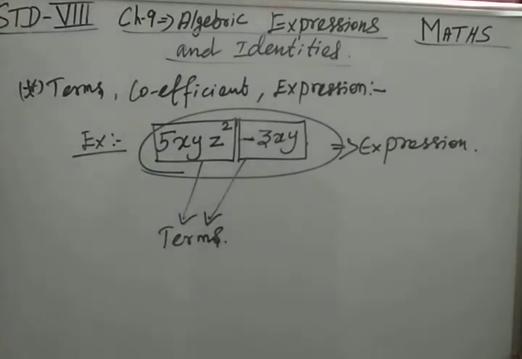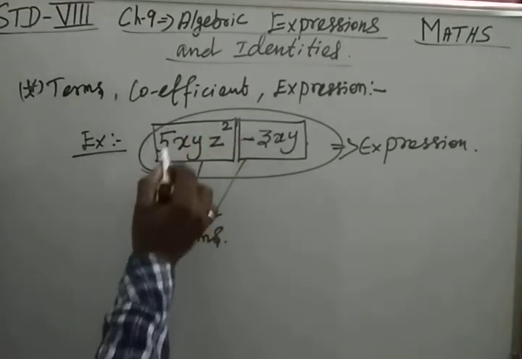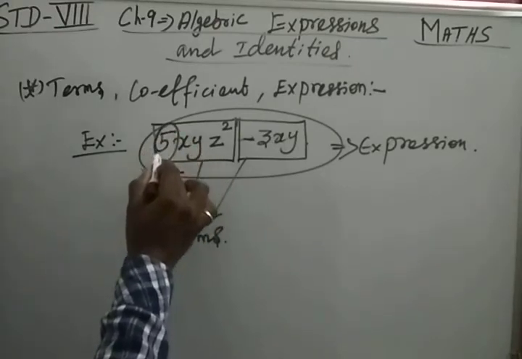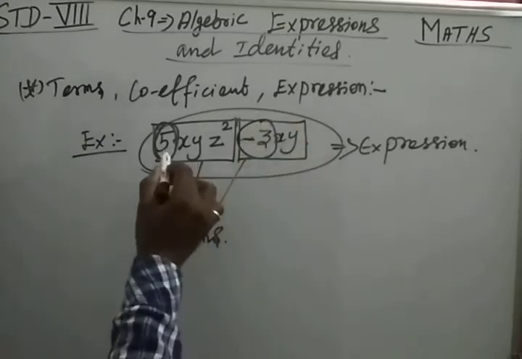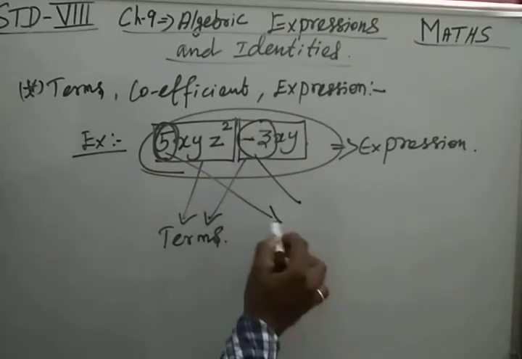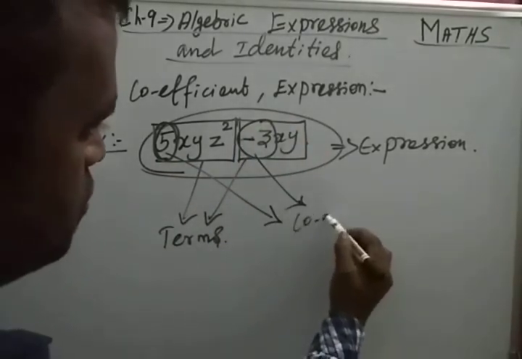The third one is coefficients. Coefficient means the number given there. If they ask what is the coefficient of this first term, we can say only this is the coefficient. These two are called coefficients.